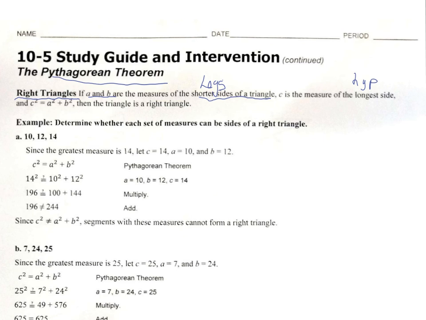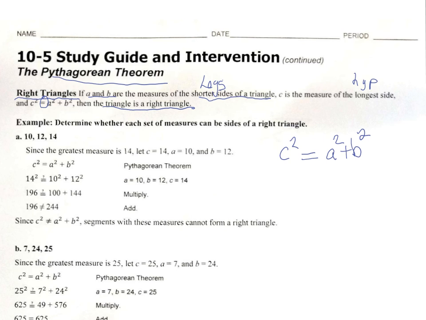So it says if c squared is equal to a squared plus b squared, then the triangle is a right triangle. So the thing that we're going to be checking for is that the hypotenuse squared is equal to the two legs squared when added, so the sum of the two shorter sides.